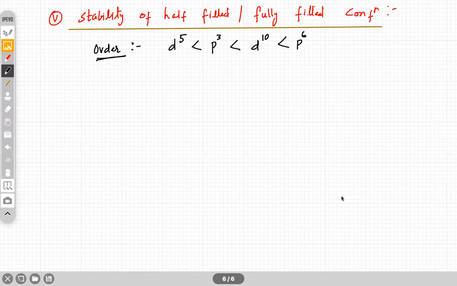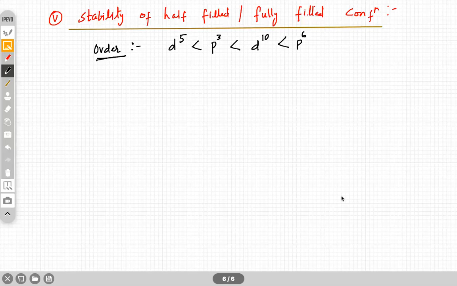Here also, I'll tell you one thing. Few points you write down first of all, the trend of ionization energy. It is important, right? Because we can conclude or understand so many properties of the elements with the help of ionization energy. Okay, write down the trend of ionization energy.